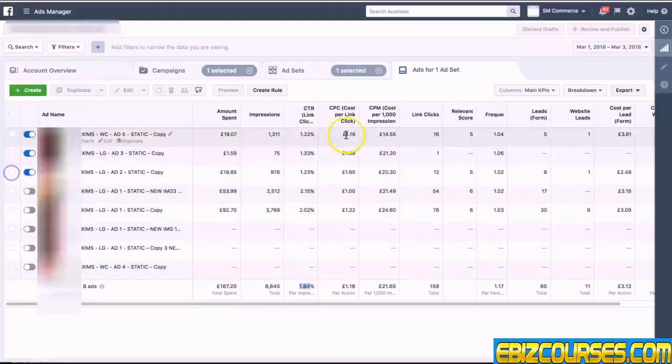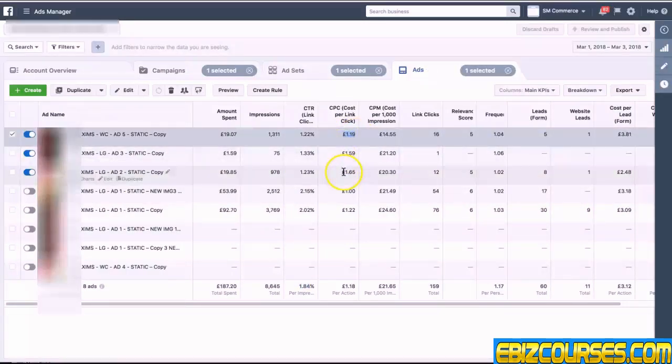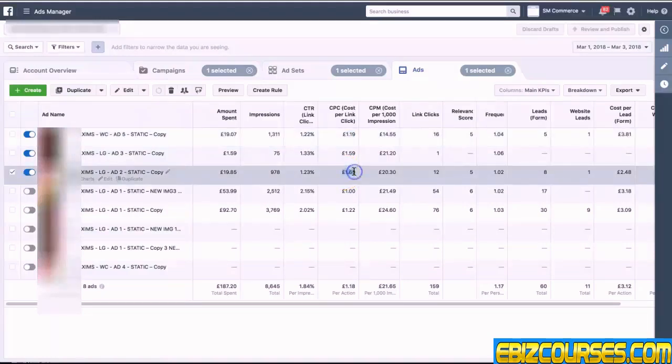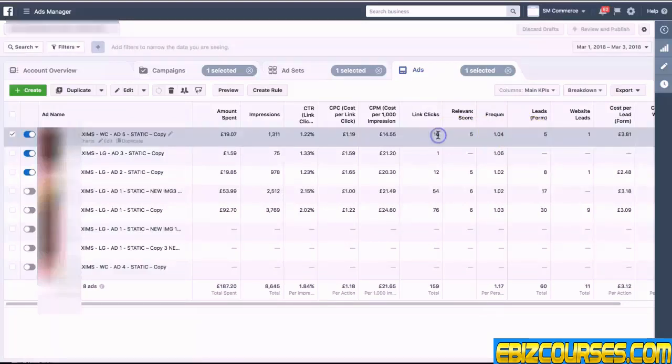Now if we look at our cost per click, the ad with a higher cost per lead has a cheaper cost per click, and the ad with a lower cost per lead has a higher cost per click. Now how does that happen? Well, actually it comes down to conversion rate and how many people are converting once they click through. Because this is a lead gen campaign within Facebook, you can see here we've had 5 in 16 that have converted versus 8 in 12.